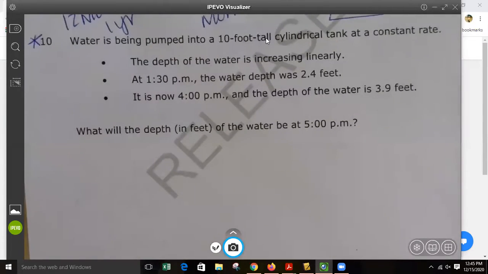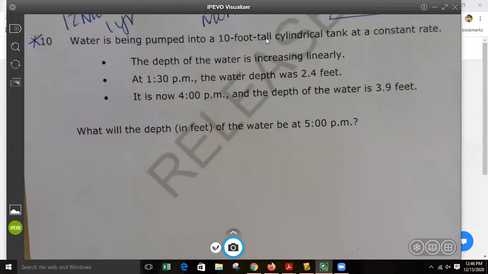It says water is being pumped into a 10-foot tall cylindrical tank at a constant rate. So like a tower, like a farm silo or something like that. The depth of the water is increasing linearly. That means it's adding each time. At 1:30 p.m., the water depth was 2.4 feet. It's now 4 p.m. and the depth of the water is 3.9 feet.